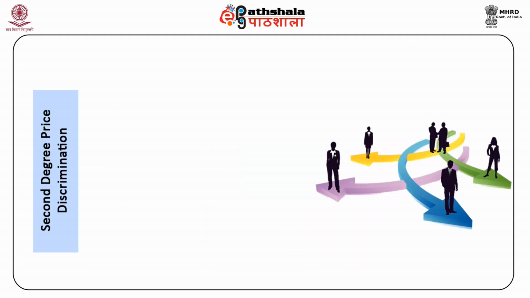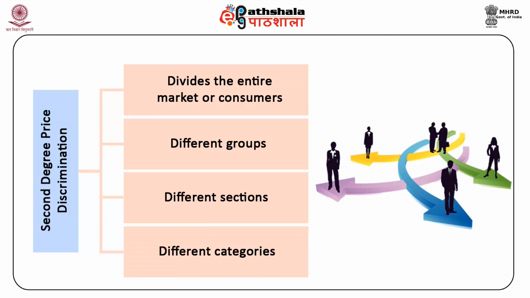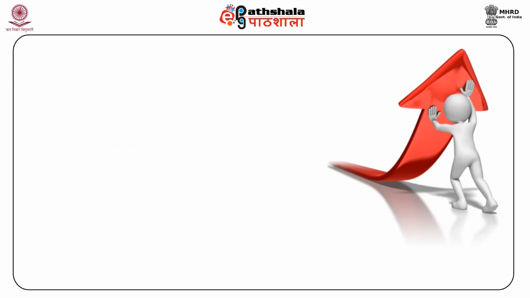Second degree price discrimination. When the monopolist divides the entire market or the consumers into different groups, sections, or categories, and then charges different prices from each section, then this type of price discrimination is known as second degree price discrimination. Third degree price discrimination.